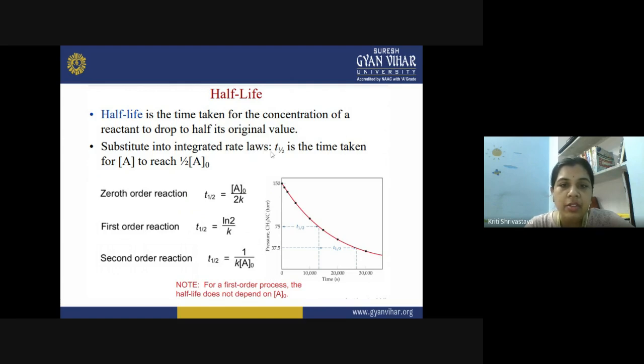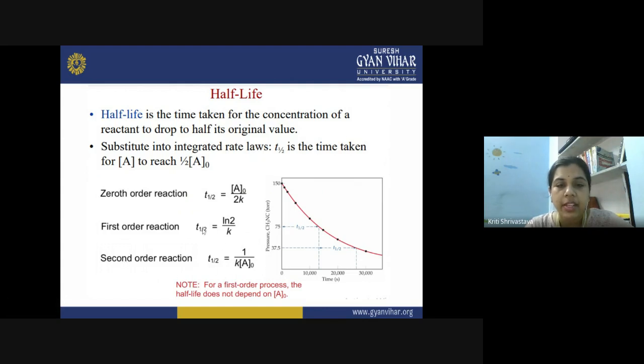If you replace all these values in the integrated rate law, we just get the expression for the half life of different order reactions. So this is the zero order reaction, and this is the expression for the half life. In the first order reaction, this is the expression for the half life, and for the second order reaction, this is the expression for half life.